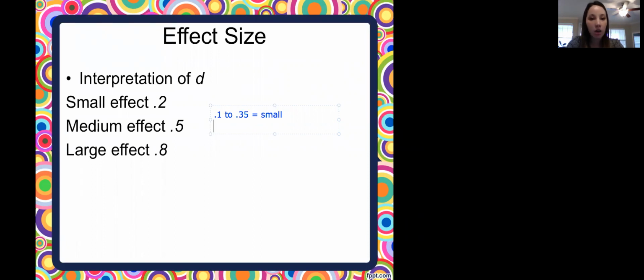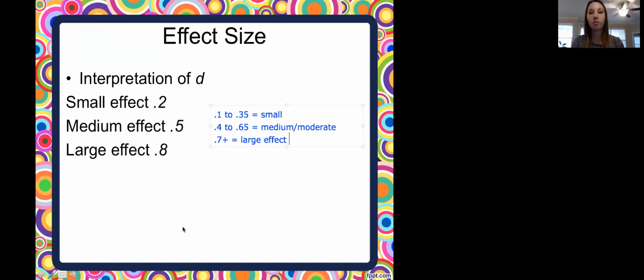If you've got a Cohen's d value of like 0.4 to, we'll say 0.65, you know, these are kind of arbitrary, and I'll talk about that in a minute. That's kind of a medium or moderate difference. Next we have 0.7.